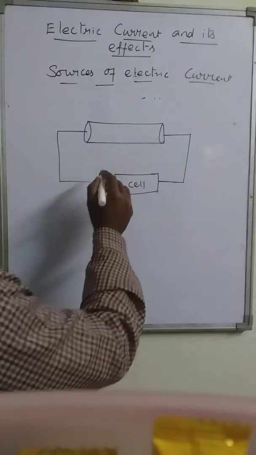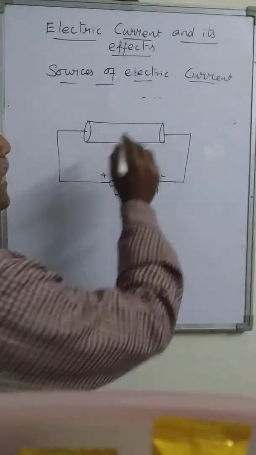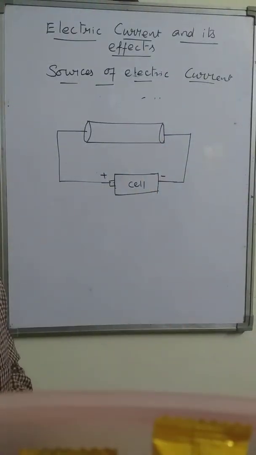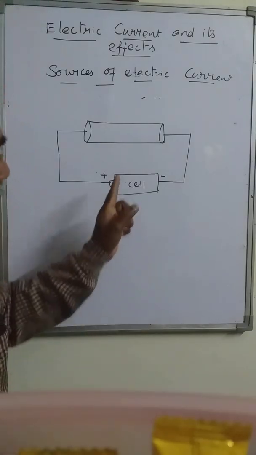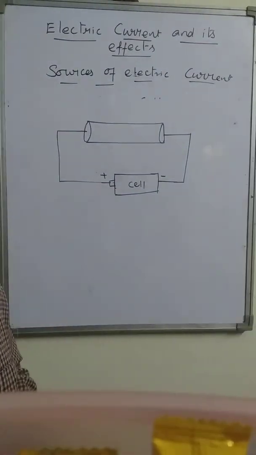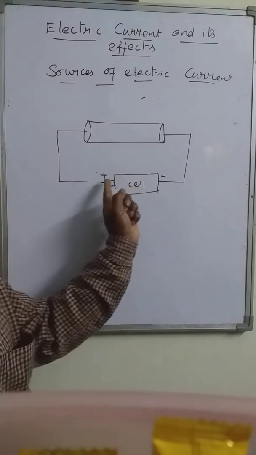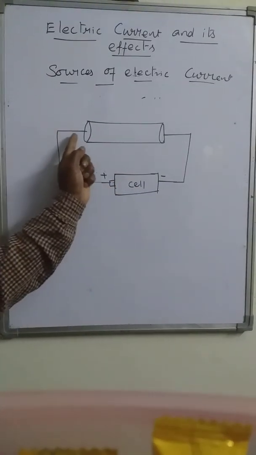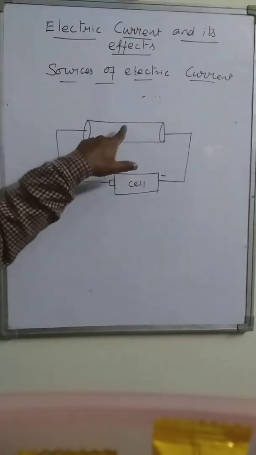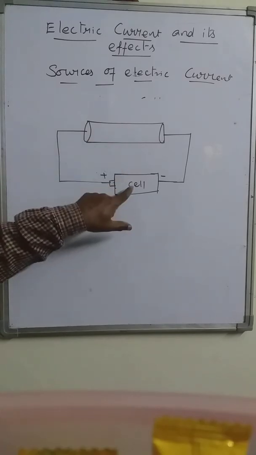As the cell is connected across this conductor, what happens? The chemical energy starts to flow through this wire. These lines are wires, connecting the conductor and the cell.